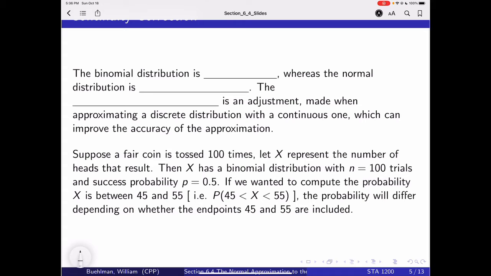The binomial distribution is a discrete distribution, whereas the normal distribution is a continuous distribution.